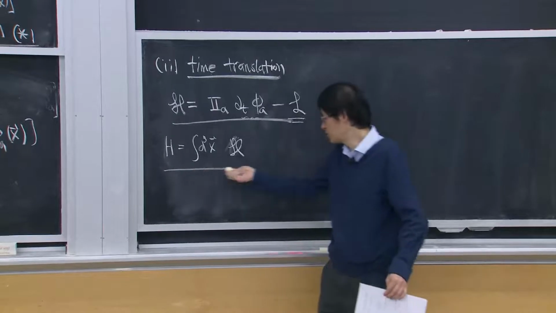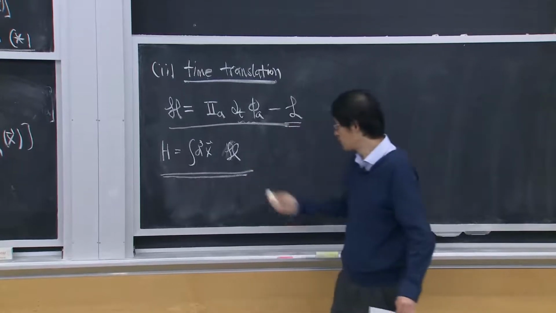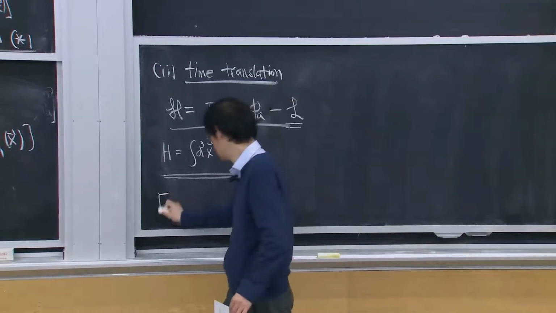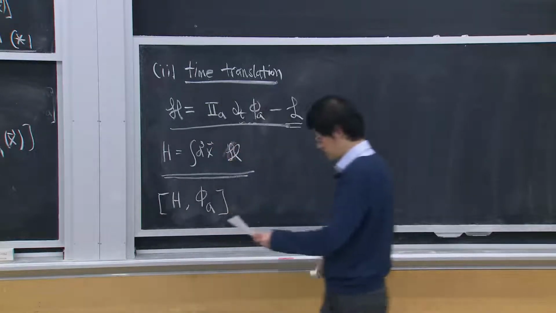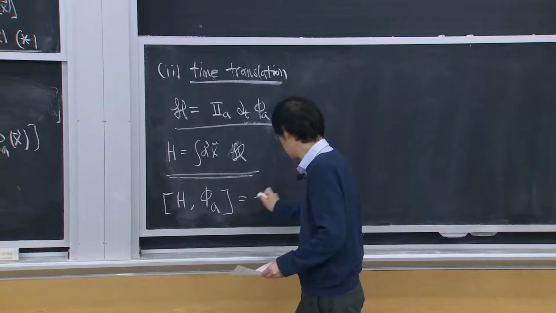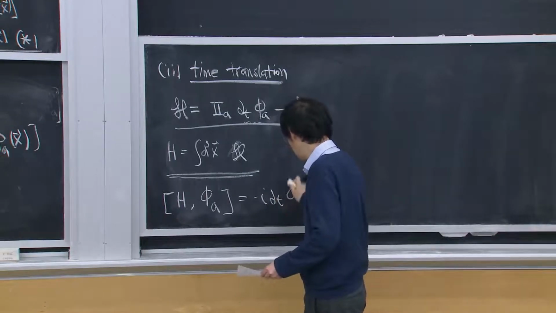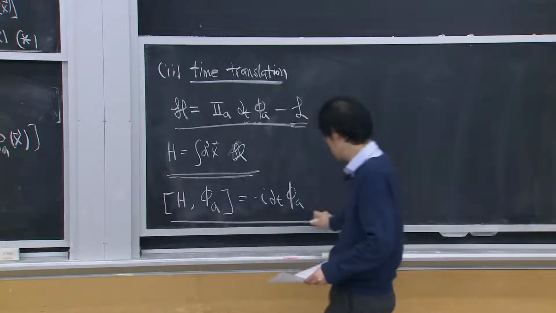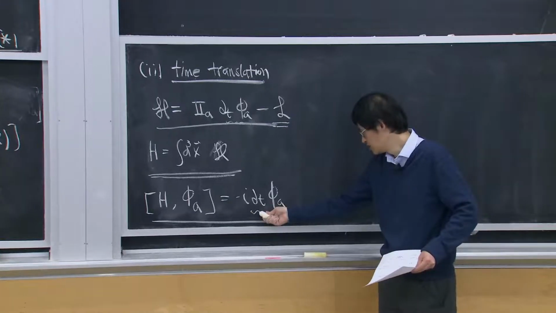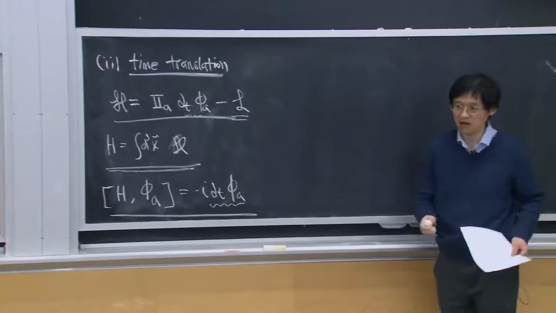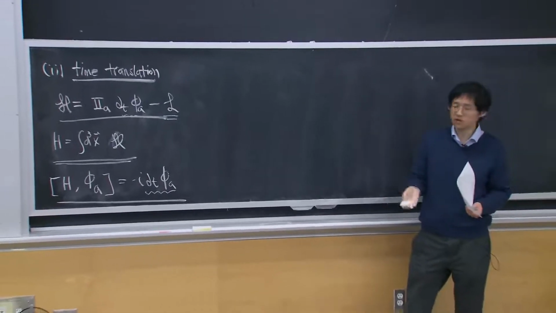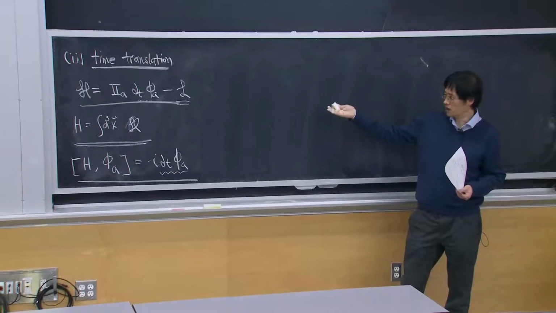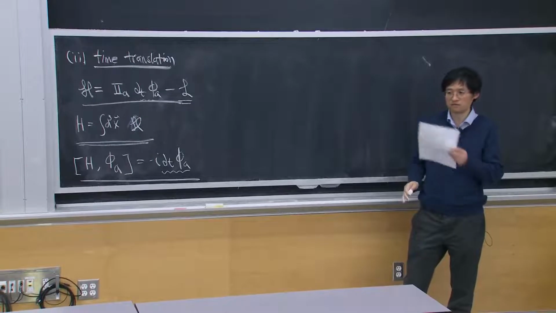But this case we know trivially is true because by definition, H acting on any field is minus i partial t phi a. And this is exactly time translation, a transformation of fields. So in this special case, this equation is also satisfied.